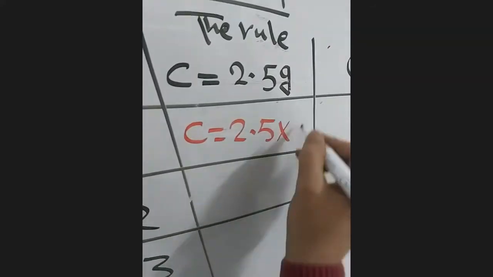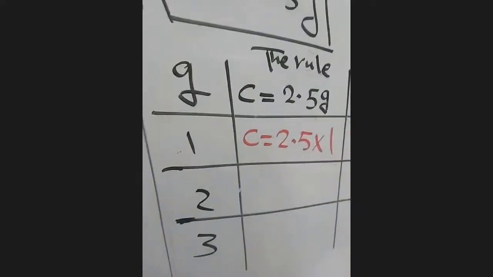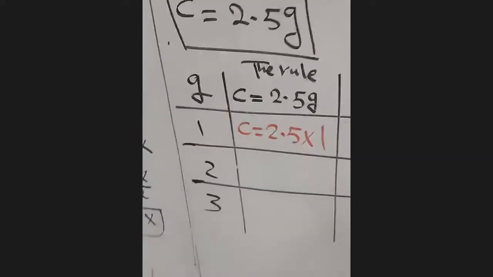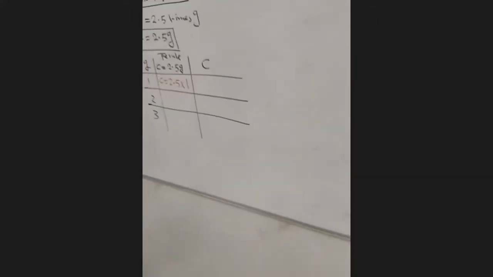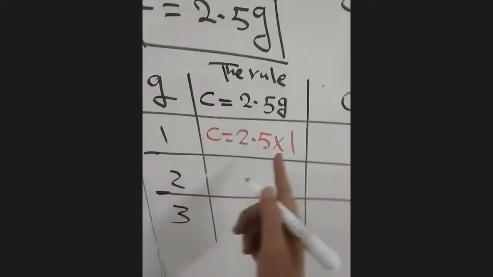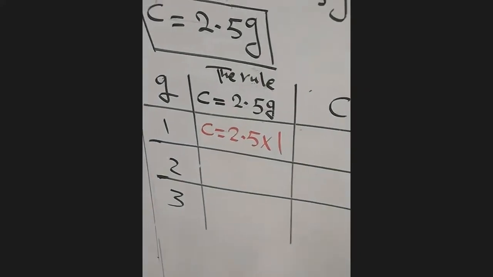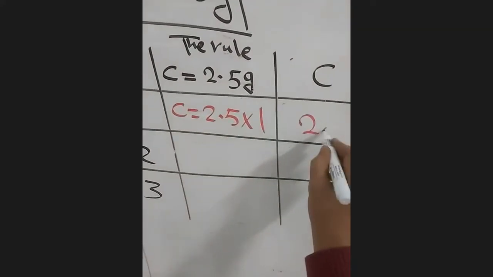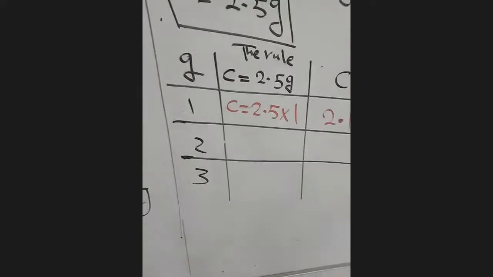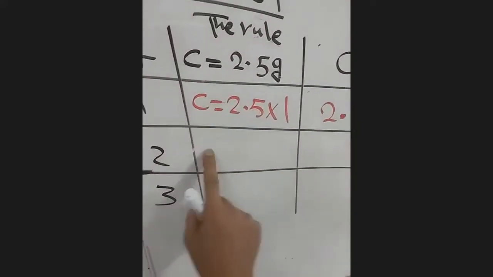2.5 multiply 1. Is this difficult? No. How much is 2.5 multiply 1? 2.5, that's all. Now do the second one for me. What will I write here?